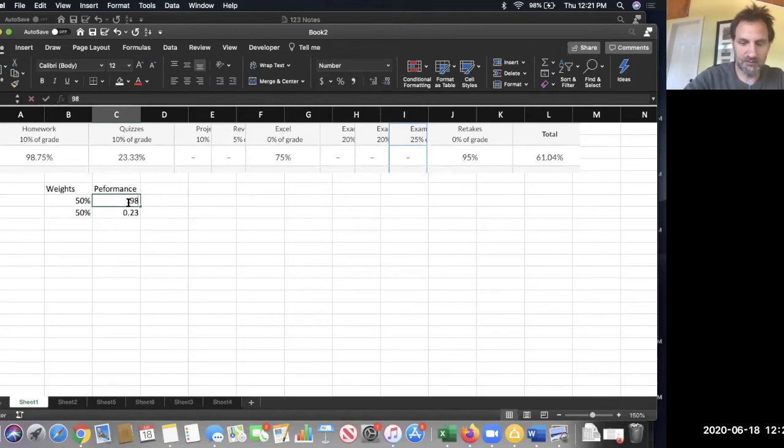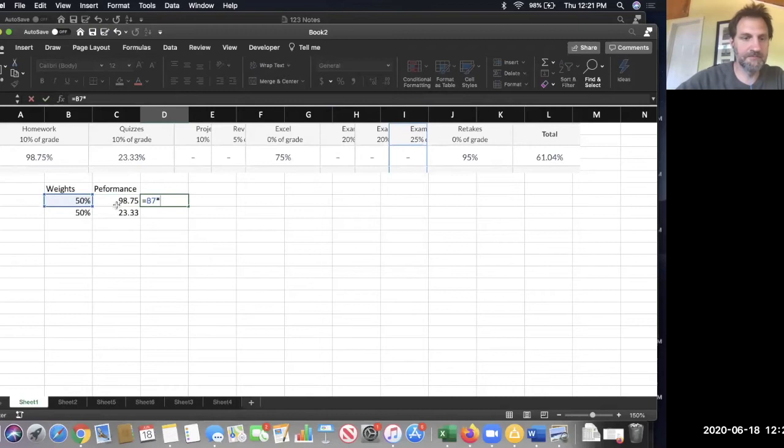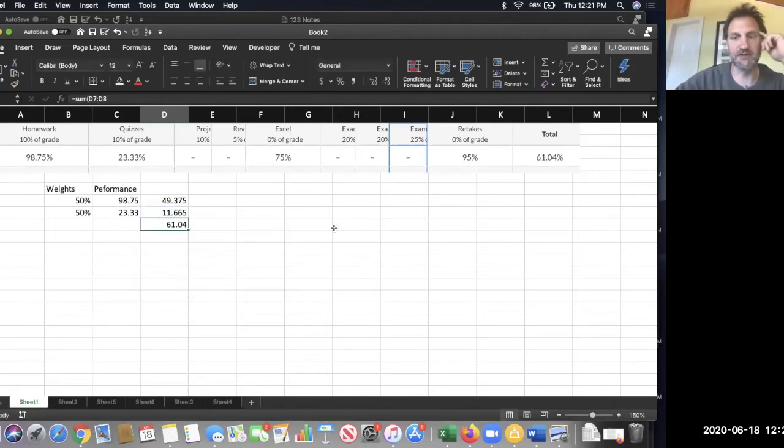This is going to be 98.75, and this is going to be 23.33. So then I multiply across, and then I add down, and you'll see that the score here matches the score on the left, right? So this is where the 61.04 is coming from.